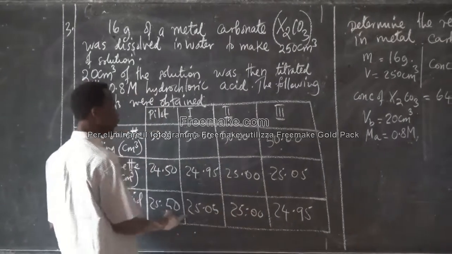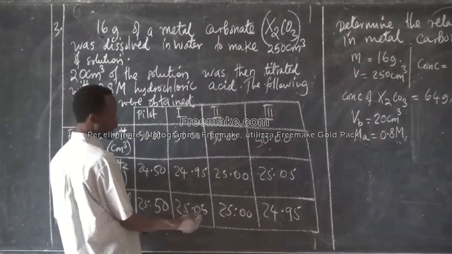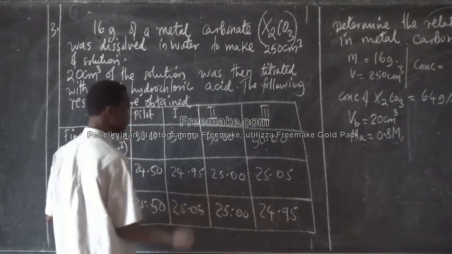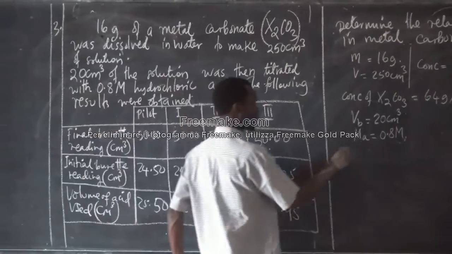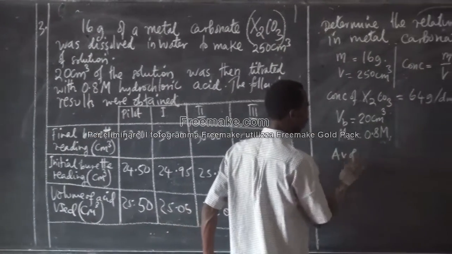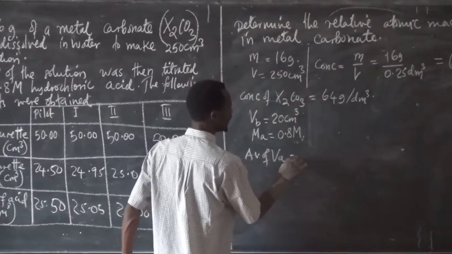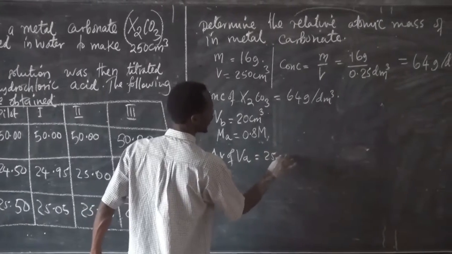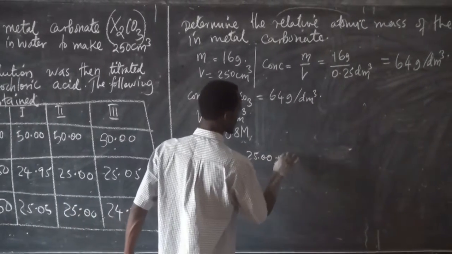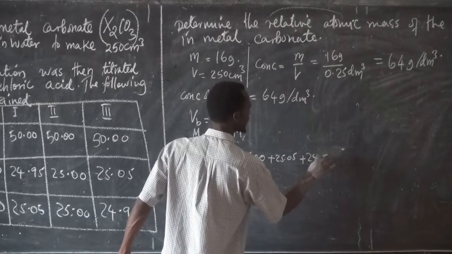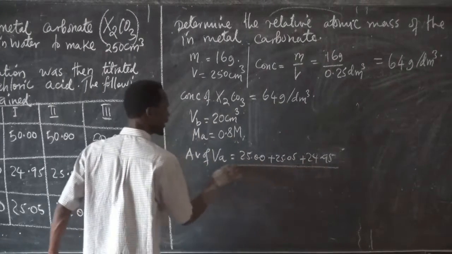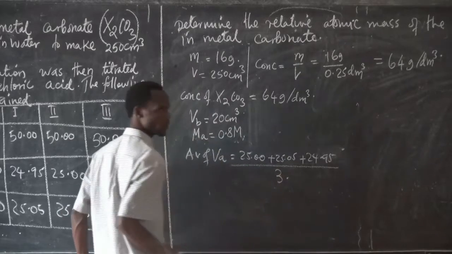For the volume of acid, we take the average of these three readings. The average volume of acid is 25.00 plus 25.05 plus 24.95, divided by 3.